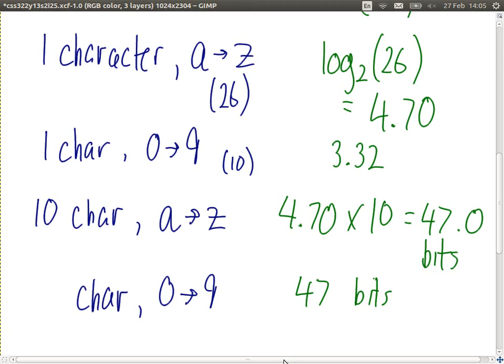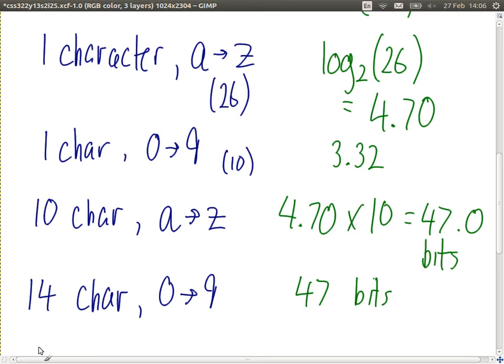So how many numbers to get 47 bits? 47 divided by 3.32, which is about 14, correct? We'll approximate sometimes. 14 numbers, where each number is stored in 3.32 bits, 14 times 3.32 is about 47.